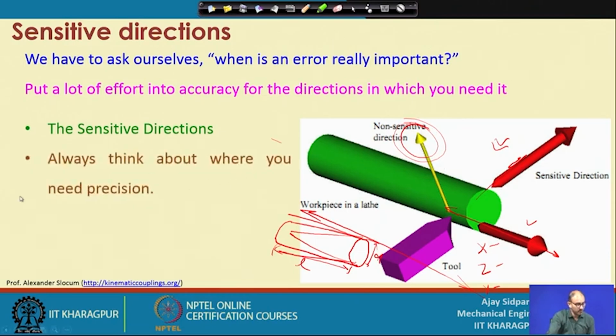And always think about where you need precision. Now you have two options here, this is the first one and this is the second one. If you have limitations in terms of time and money, then you have to do a type of optimization study, so that you can find out in which direction you have to spend money, and then you can get the precision in this component.